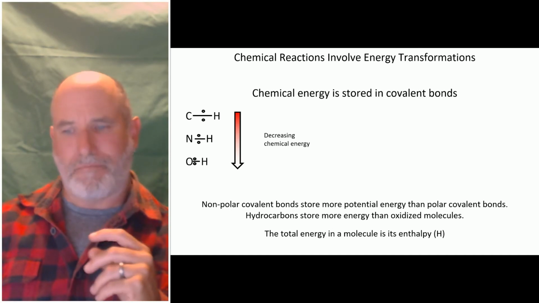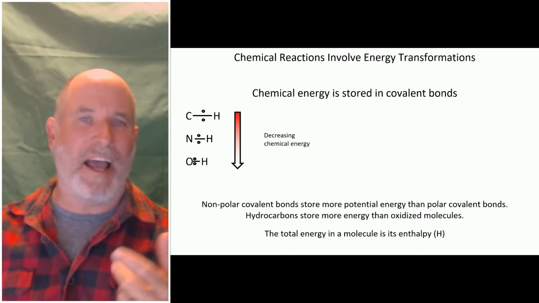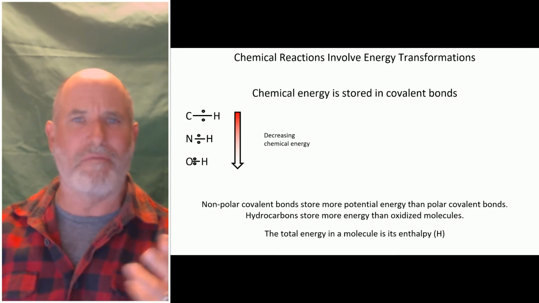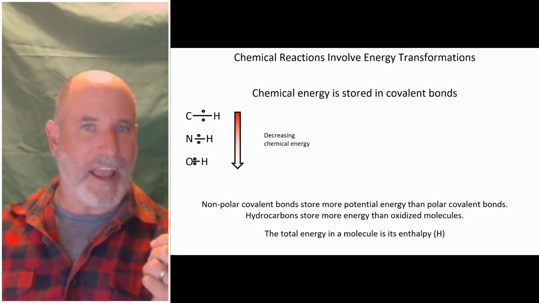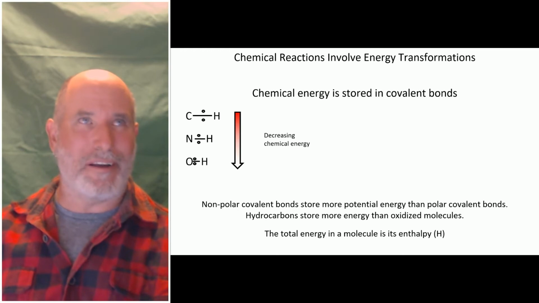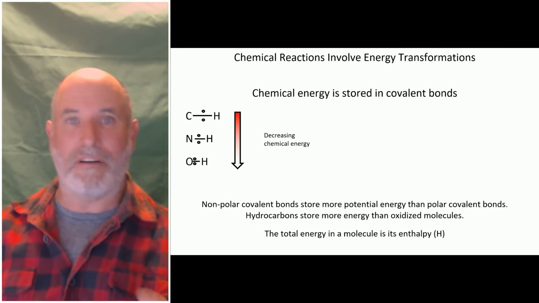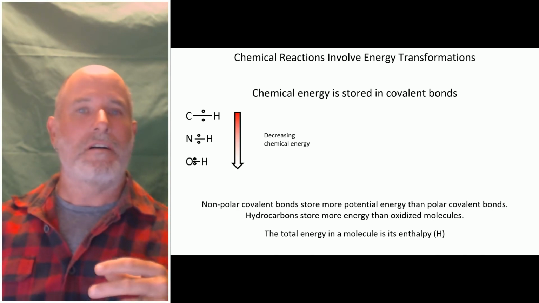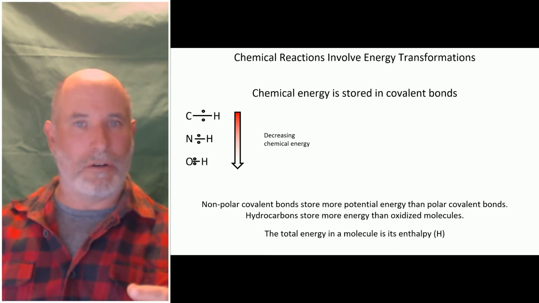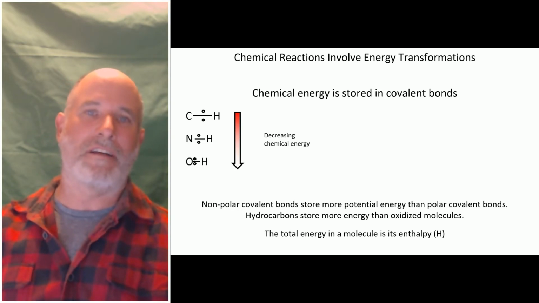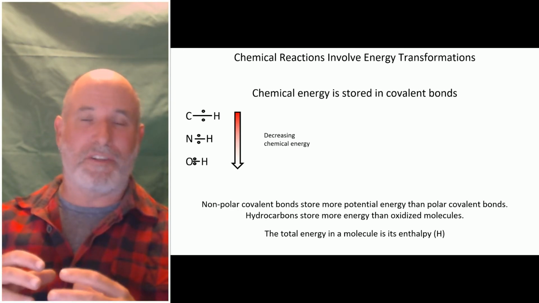So think about this. Gasoline, right? Gasoline is octane, or it's got a lot of octane in it anyways. There's other stuff, but octane is 8 carbons. Oh boy, it's like 18 hydrogens, right? It's a hydrocarbon. It's just all carbon and hydrogen. Lots of energy. Don't light a match around gasoline, right? Because if you light a match around gasoline, it's got lots of potential energy.